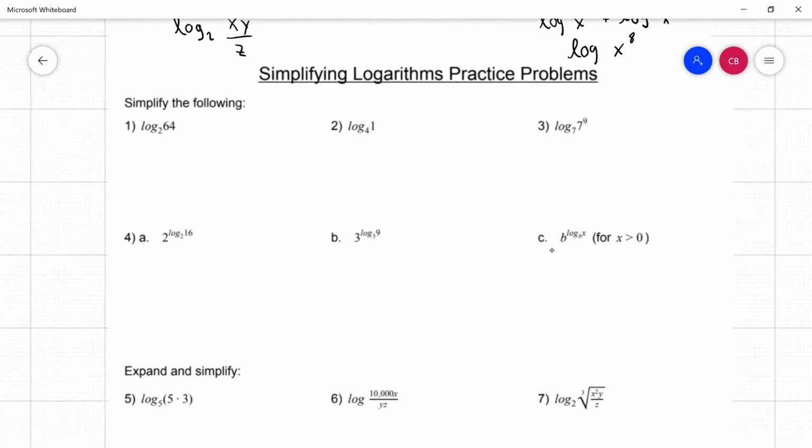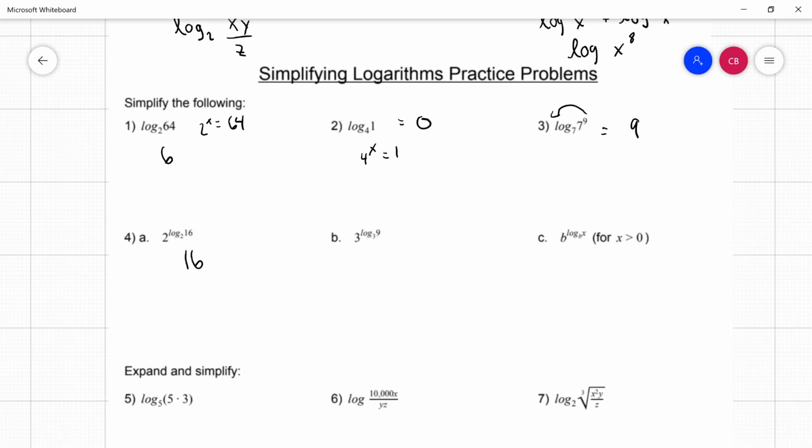Okay, so 2 to the x equals 64, that's 6. Why? Because 2 to the 6 is 64. This one is 4 to the x equals 1, so it's equal to 0. This one is actually just 9, and we just pull that out in front. 9 times 1. This one turns out to be 16.